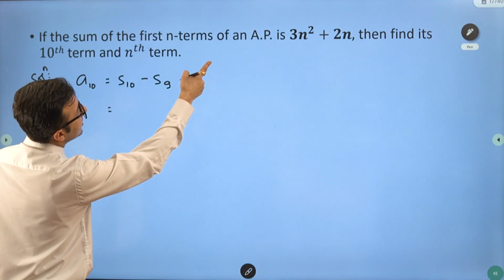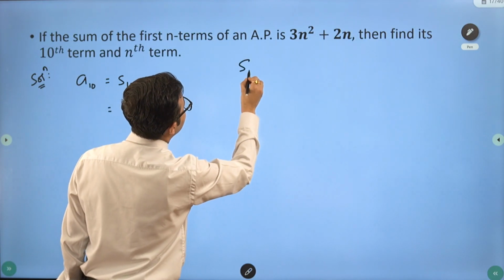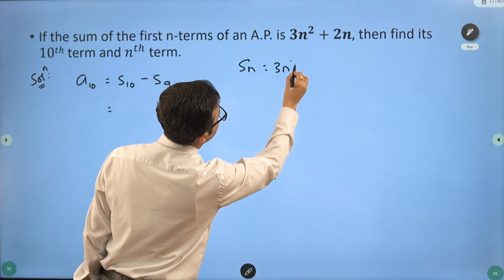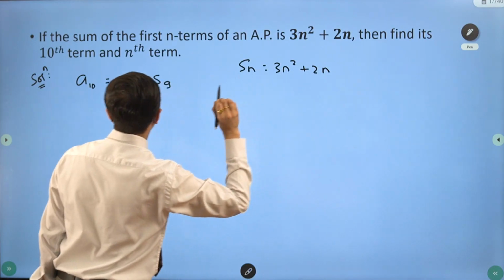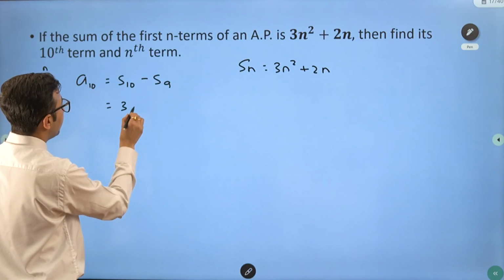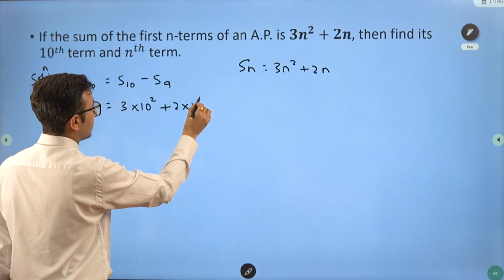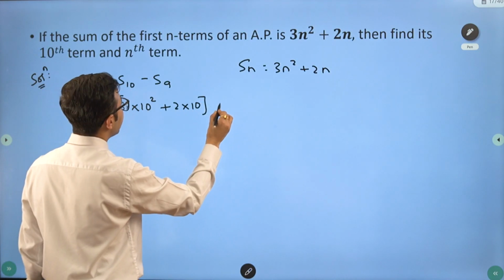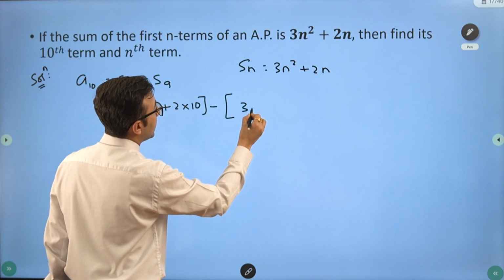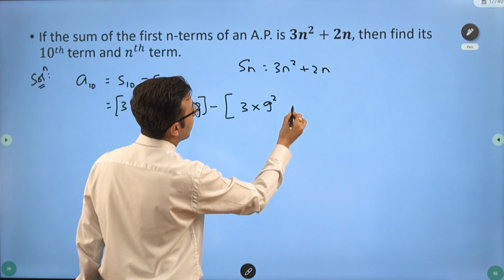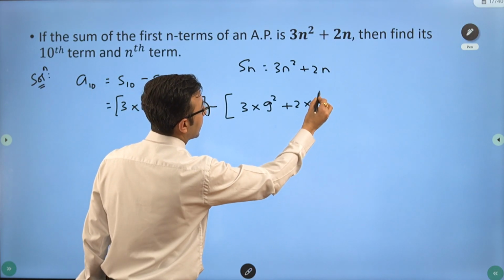So for S10, look here, we have Sn is equal to 3n square plus 2n. So S10 will be 3 multiplied by 10 square plus 2 into 10. Minus S9, which will be 3 into 9 square plus 2 into 9.